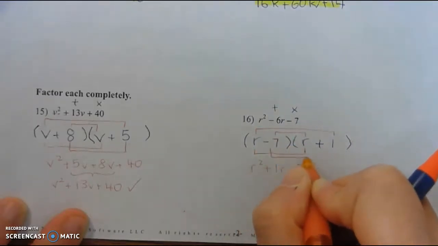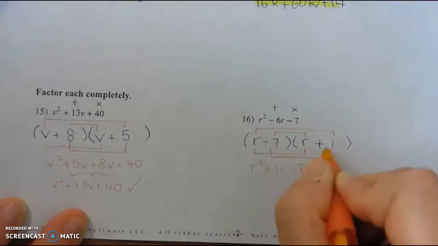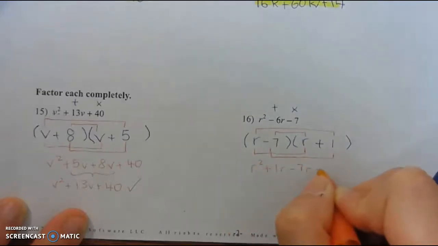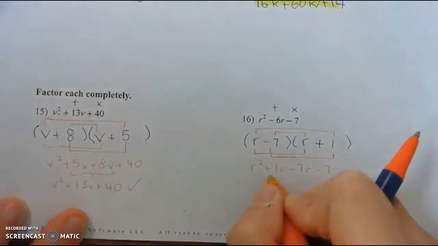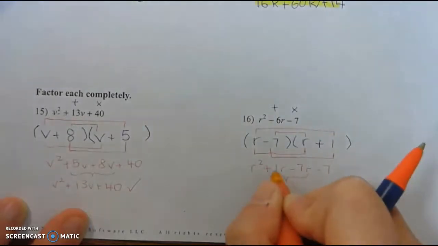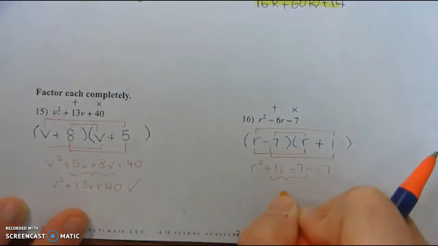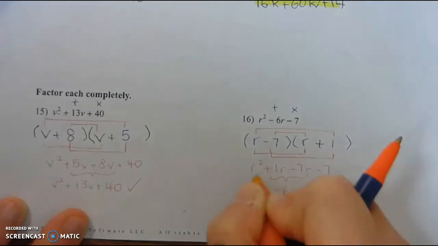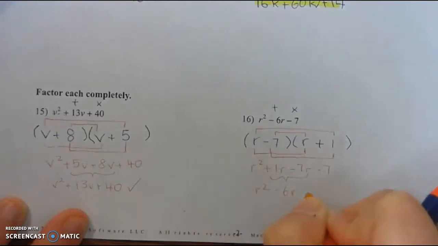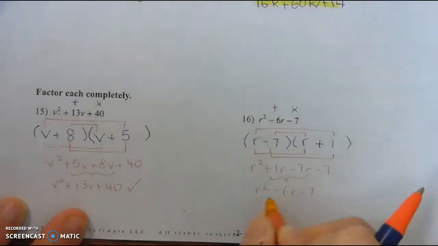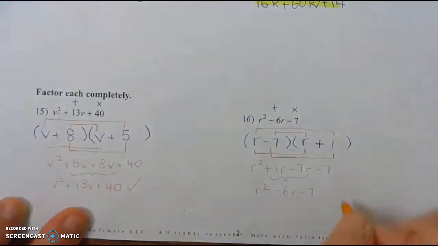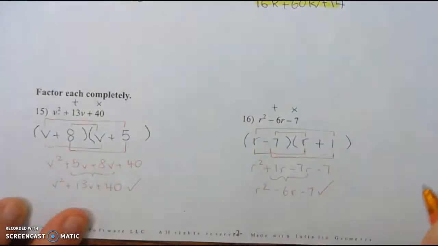And then the last with last is negative 7 times positive 1 is negative 7. And again, I can combine the two like terms here. 1r minus 7r is going to be negative 6r. And we still have the r squared here and minus 7. And that is what I started off with. So I know my factoring is correct.